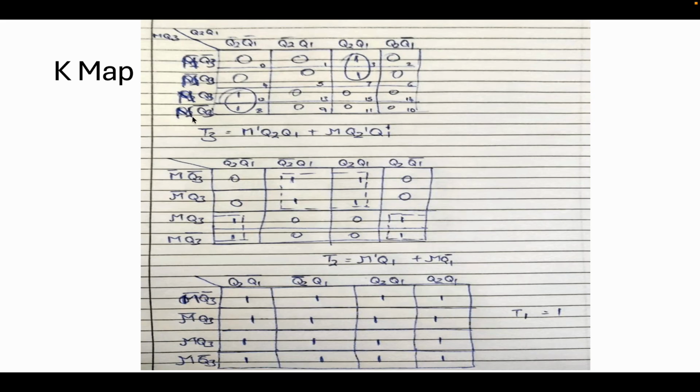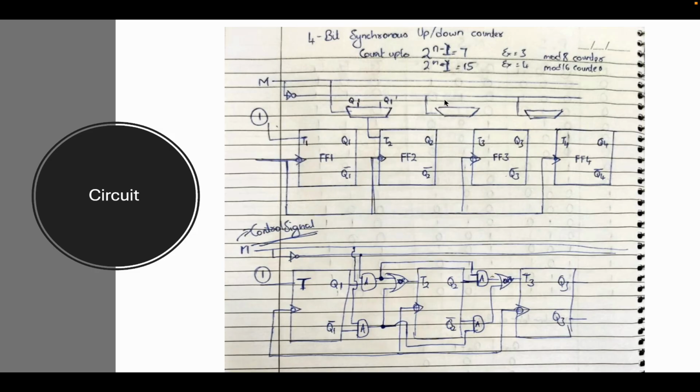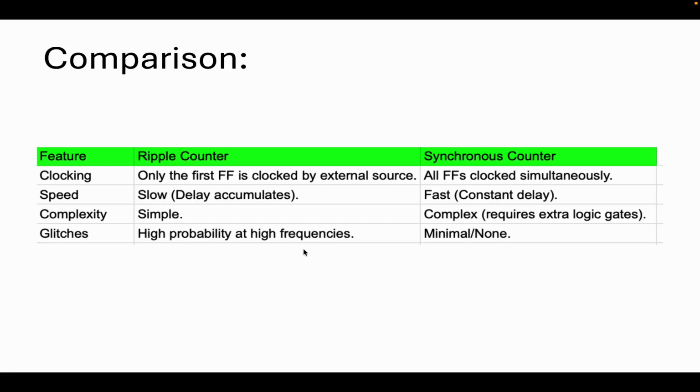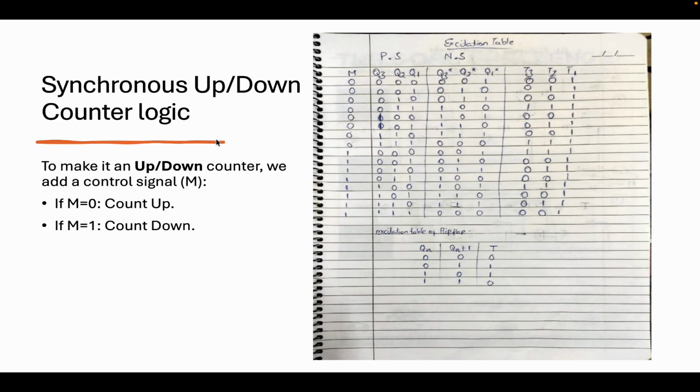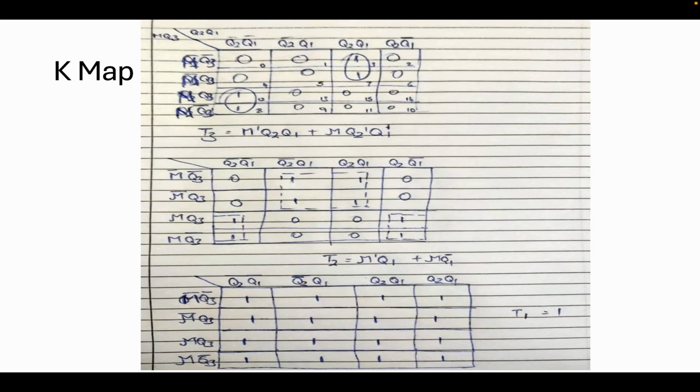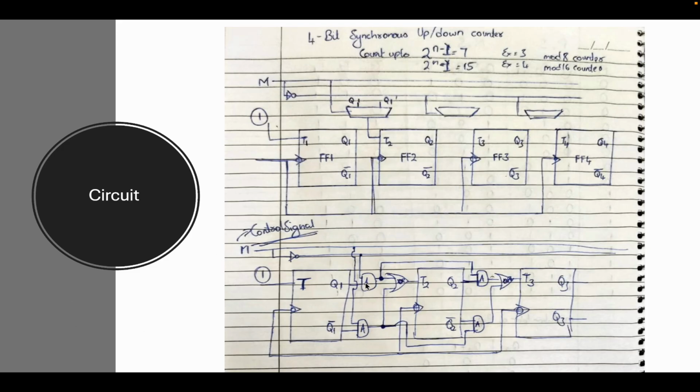After getting the values of T3, T2 and T1, now you can write it down in the form of circuitry. Here you have your control signal M and this NOT gate, so you can have both zeros and ones. Here M equals 0 is count up, M equals 1 is count down. So I design that.